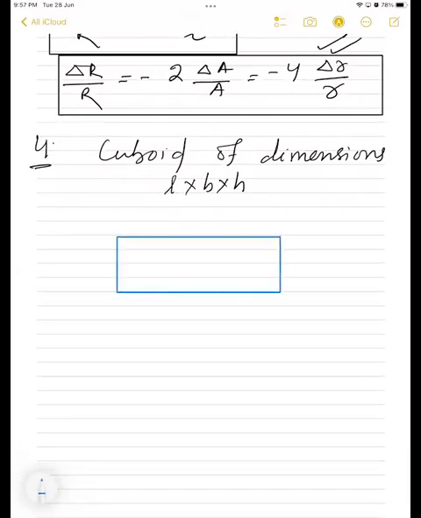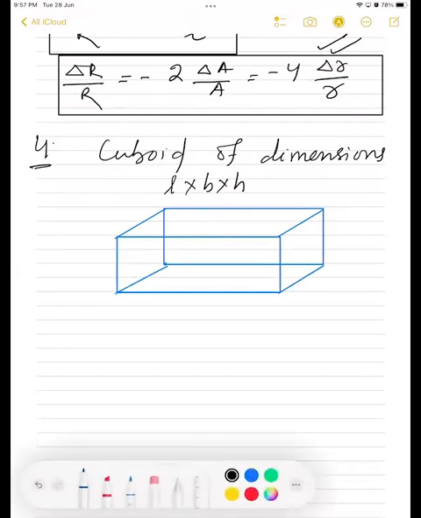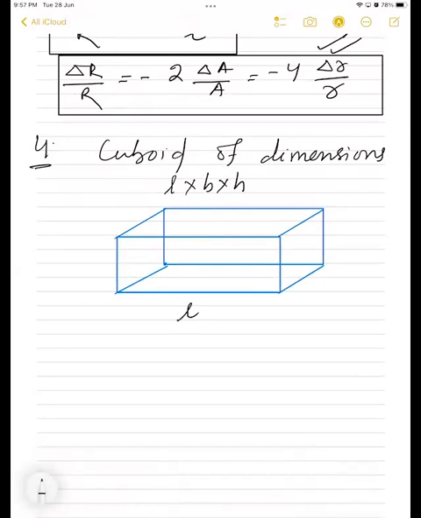Let's make a cuboid. Just see how it happens. Let this be the length, this is the breadth and this is the height, correct?